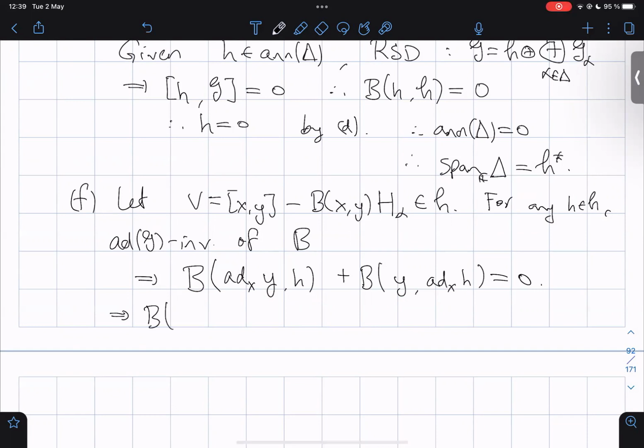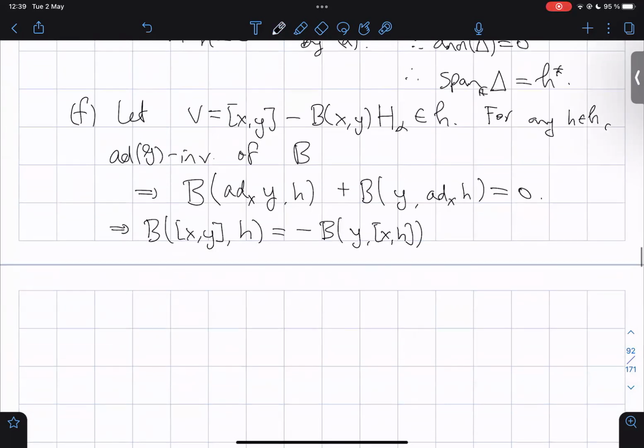Let's write this out. We're going to eventually use this invariance and non-degeneracy. So I'm just going to rewrite this condition: B(Y, [X, H]). X is from the G alpha root space, so we know how H acts on it.